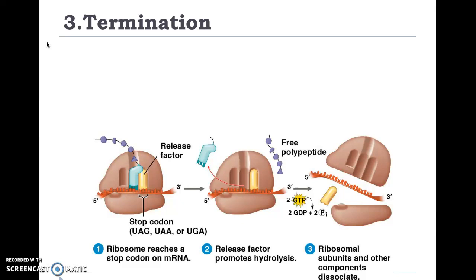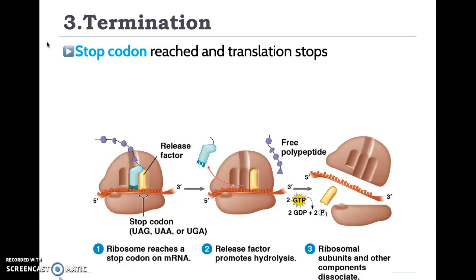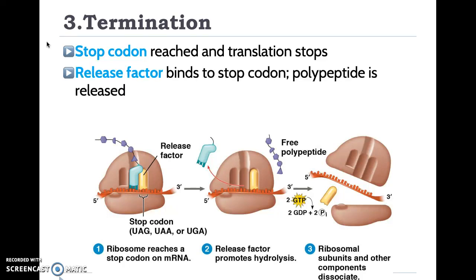The last step in translation is known as termination. In termination, the stop codon is reached and translation is signaled to stop. Now, how exactly does it stop, and how does the polypeptide get released from the tRNA and the ribosome?